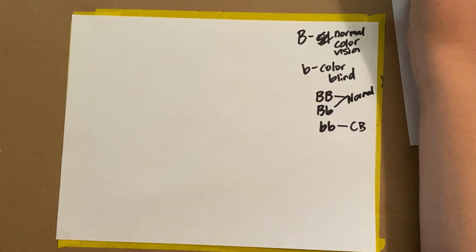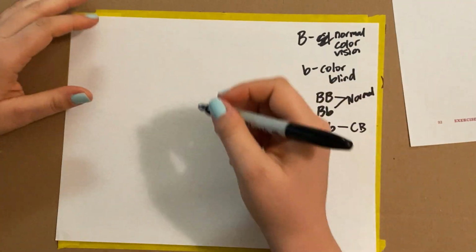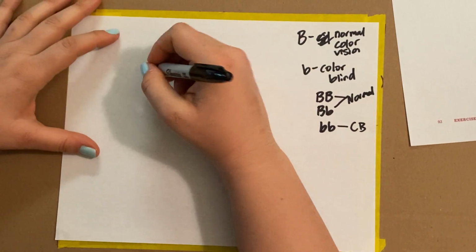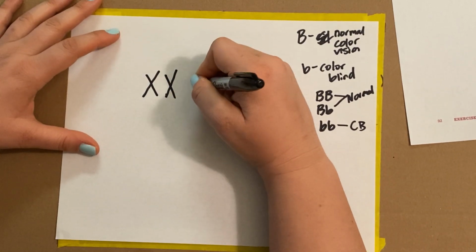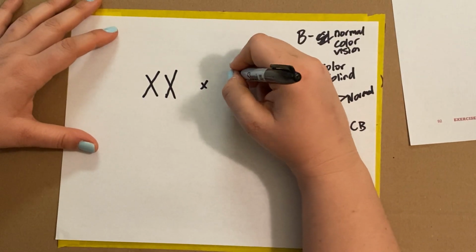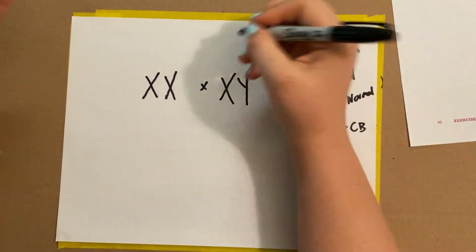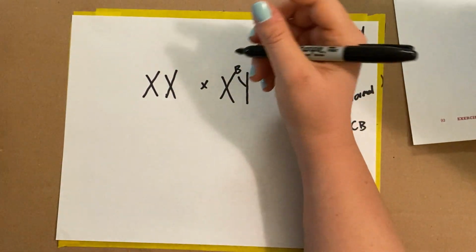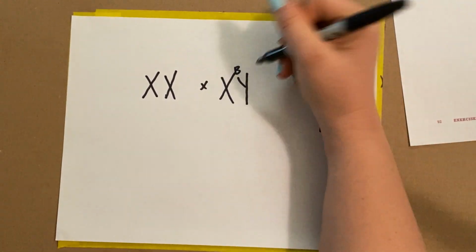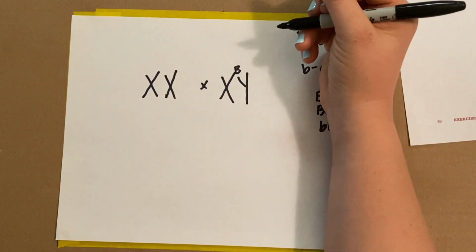All right, so it says, if a man and a woman, both with normal vision, marry and have a colorblind son. Okay, so in order for this to happen, you have to have normal vision. So I'm just going to write this out because this is a sex-linked trait, so XY. Okay, so if a man has normal vision, that means he has to have a capital B. Okay, because there's nothing on the Y, and if he has normal vision, he has this gene.